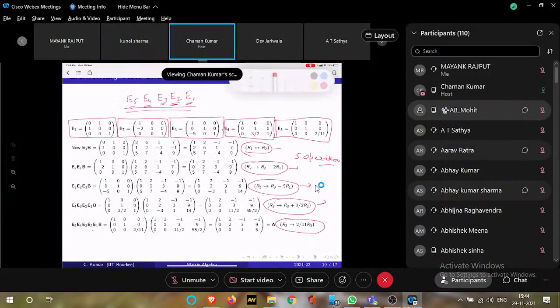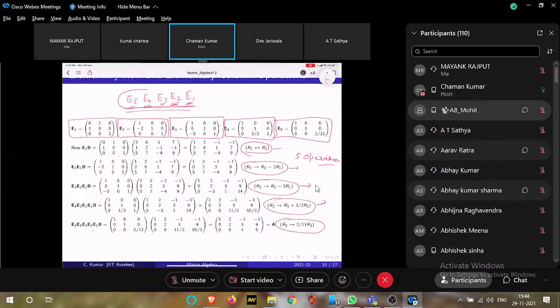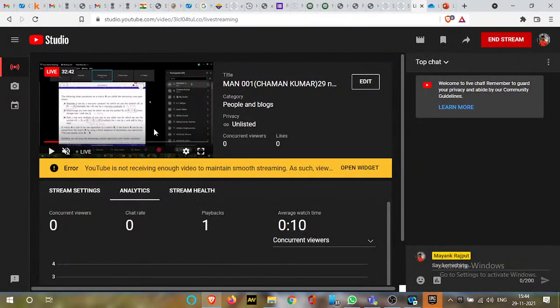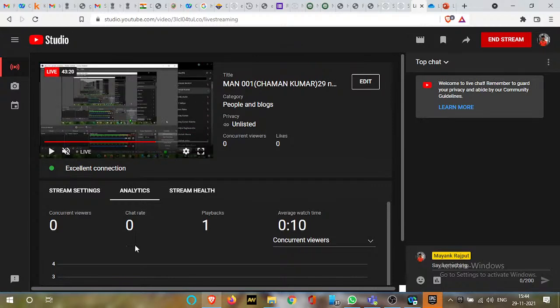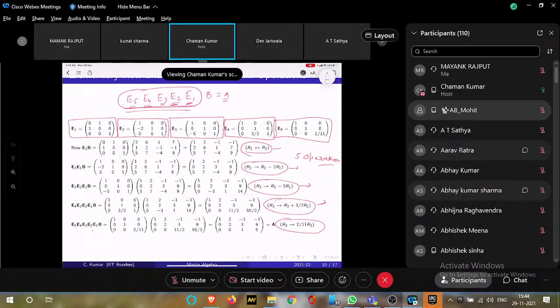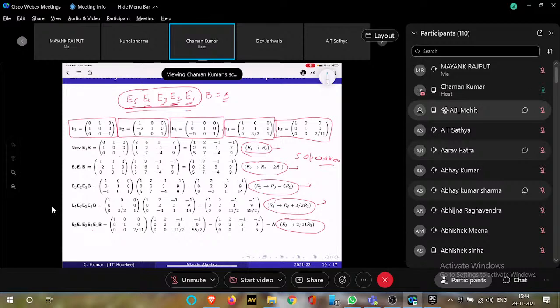Now, after performing this multiplication, you pre-multiply by B, and whatever you get is the matrix A. This matrix is obtained by the product: pre-multiply E1 by E2, pre-multiply E2 E1 by E3, pre-multiply E3 E2 E1 by E4, and pre-multiply E4 E3 E2 E1 by E5.